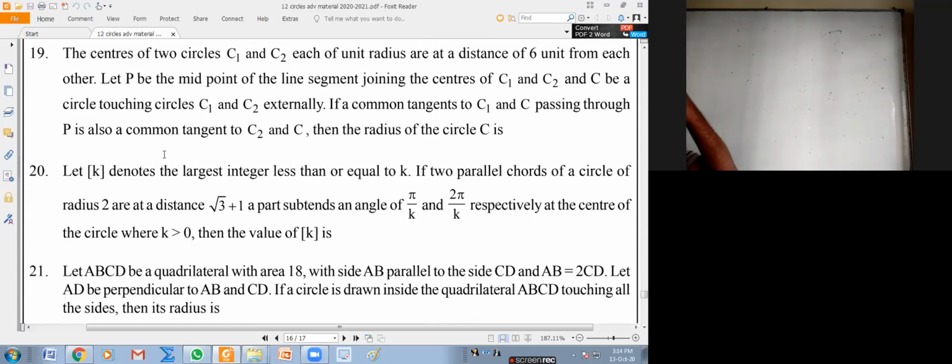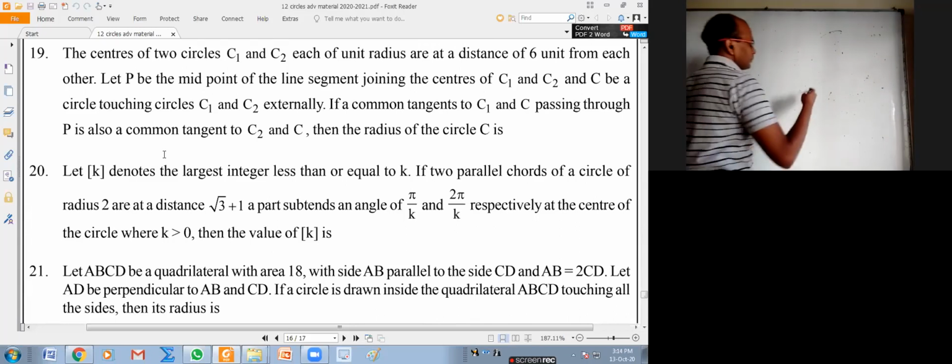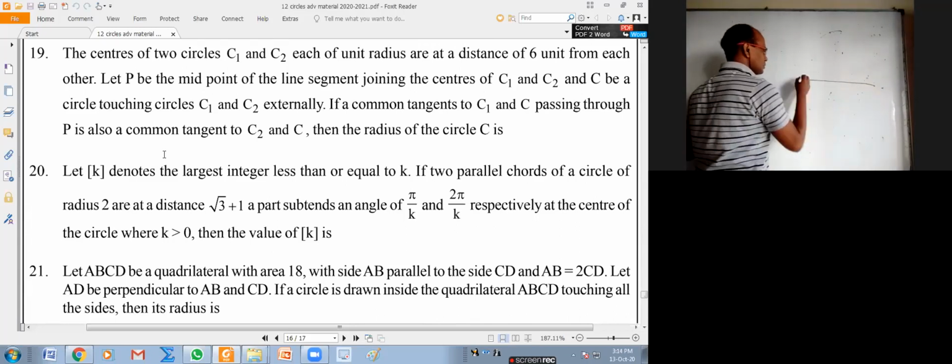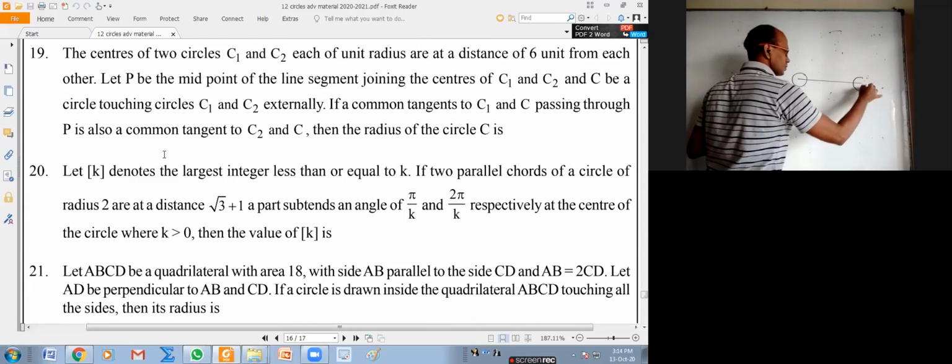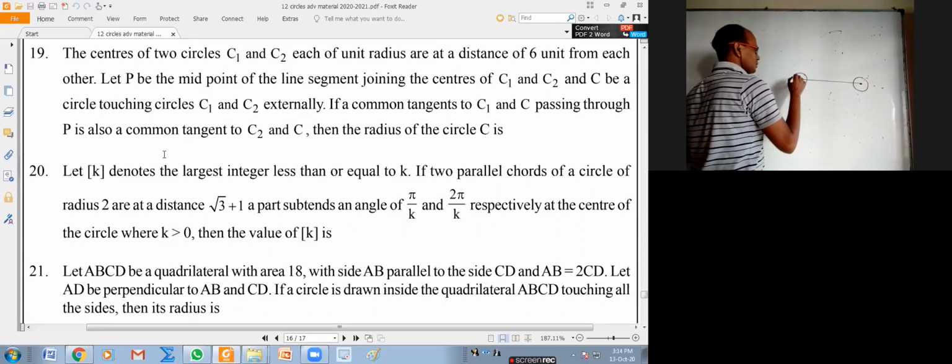The centers of two circles C1, C2 are at a distance of 6. This is 6. This is 1 unit. This side is also 1 unit. But from here to here, it is 6.